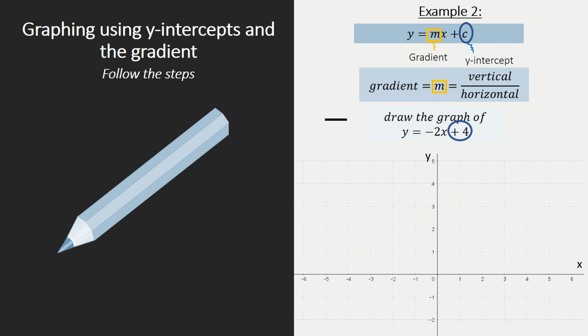First of all, the plus 4 is our y-intercept. And our minus 2 is our gradient. Our gradient is vertical divided by horizontal, so we need to make a division where our answer is minus 2. The easiest one is minus 2 over 1, since minus 2 divided by 1 is equal to minus 2.